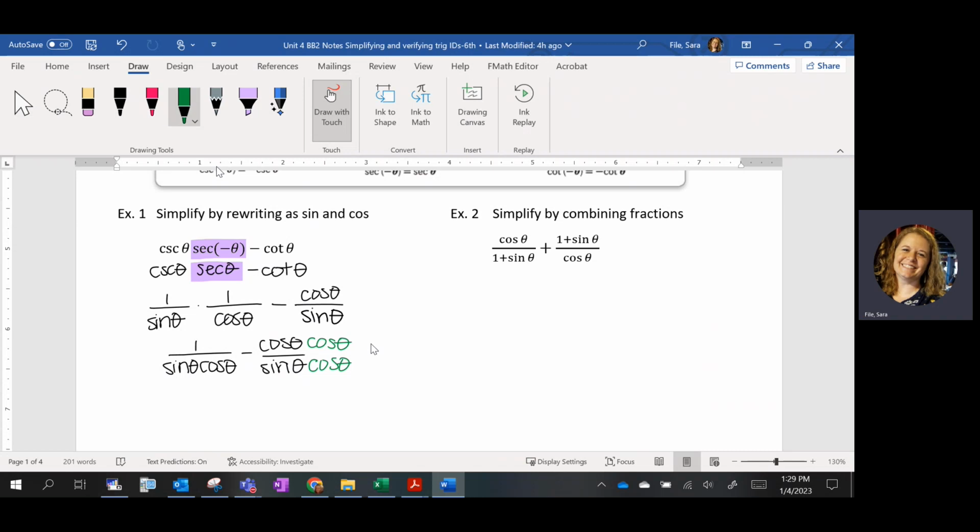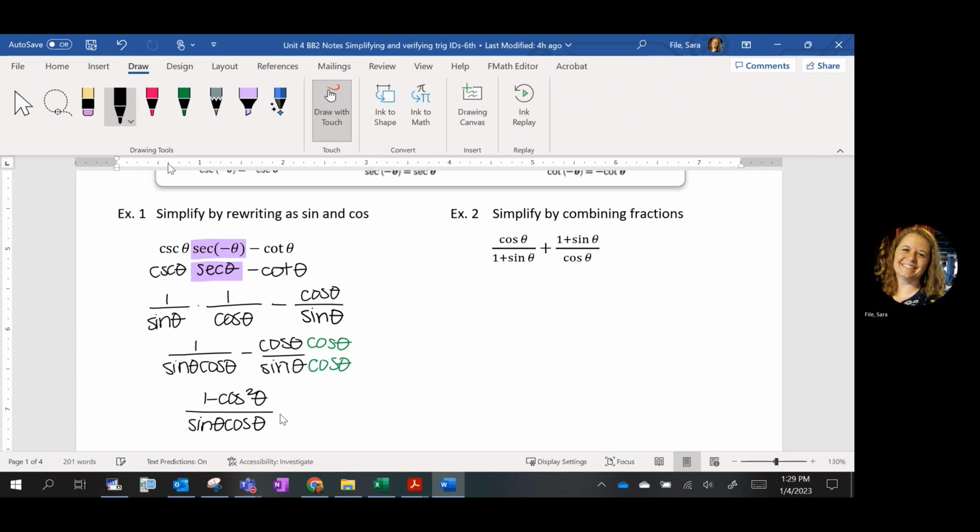Once I get a common denominator, what's that going to mean my numerator is? What's it become? 1 minus cosine squared. Let me write it that way. And my new common denominator. Now, does something stand out to you yet?